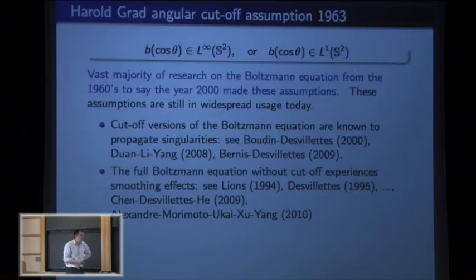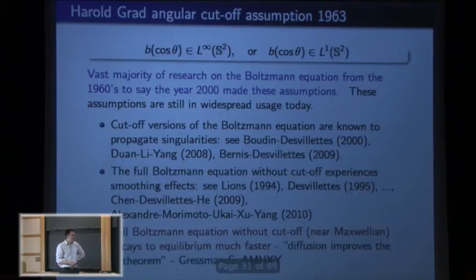These kinds of results go back to Pierre-Louis Lions, Desvillettes, and more recently Chen, Desvillettes, He, and this team of five people, Alexandre, Morimoto, Ukai, Xu, and Yang, who I call AMUXY, have written a lot of papers on smoothing effects for the equation. So there is a big difference in the behavior of these two models.